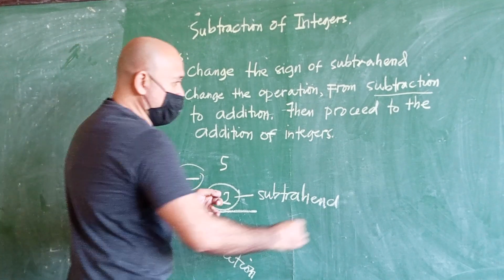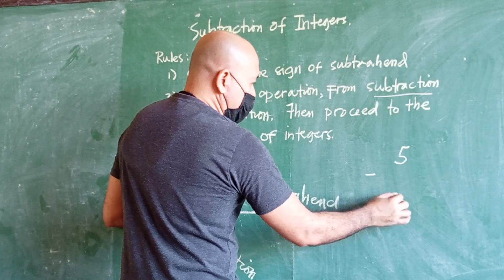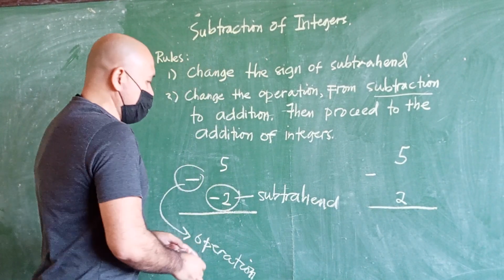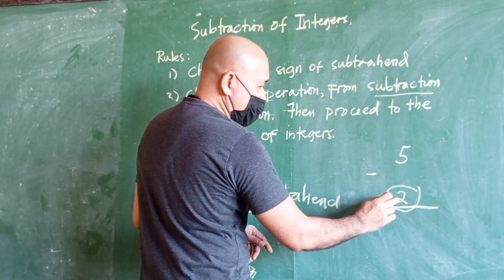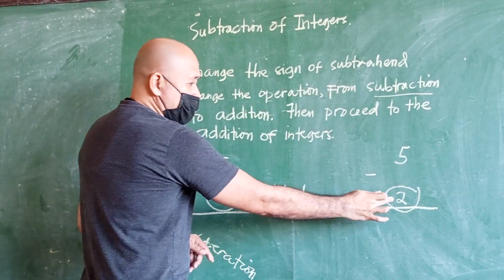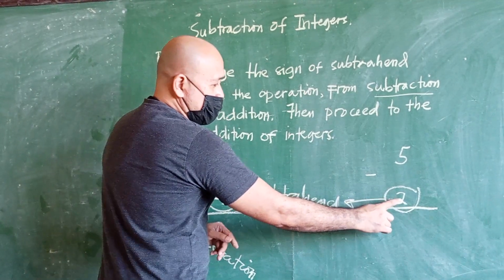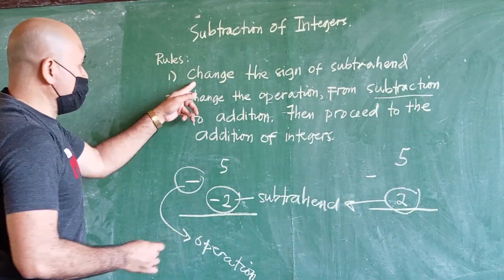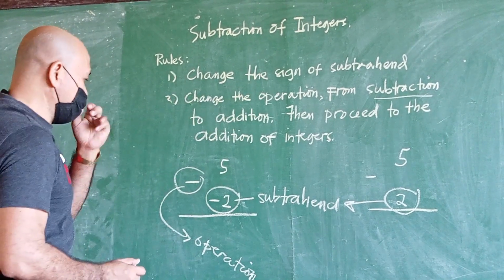And for example, if we have positive 5 minus 2, and the given sign of the subtrahend is positive, then you will change that one into negative also. So by using rule number 1, this positive 2 will become negative 2, because that is according to rule number 1, which is change the sign of the subtrahend.